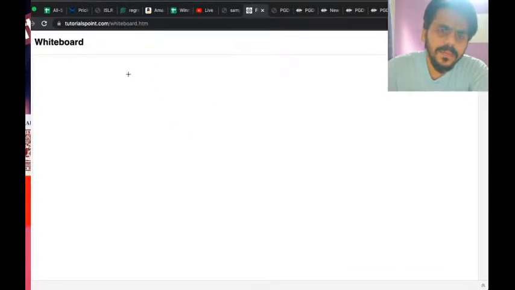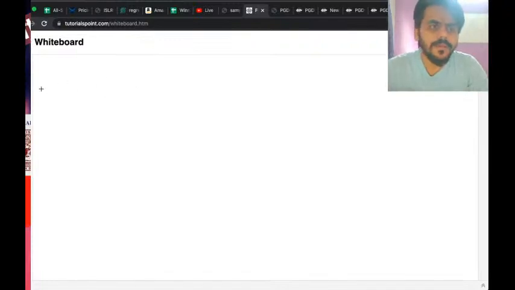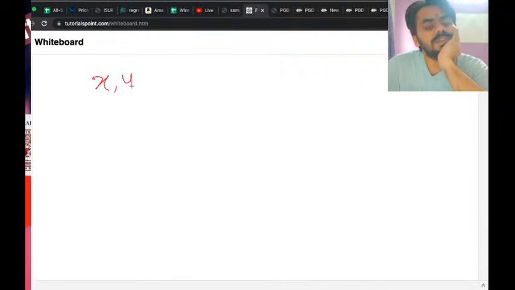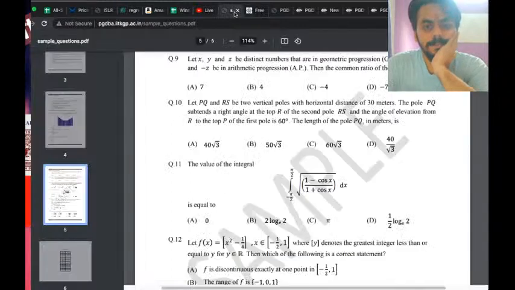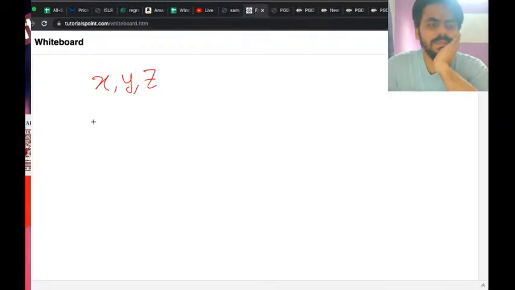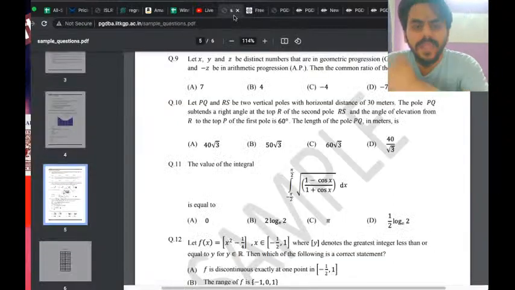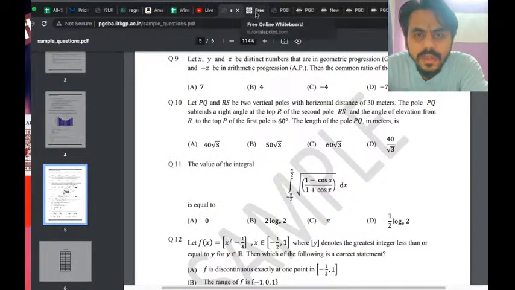Okay, so let me first write down a few things which are needed over here. That x, y, z are in GP, and 7x, 3y, and minus z are in AP. x, y, z are distinct numbers.